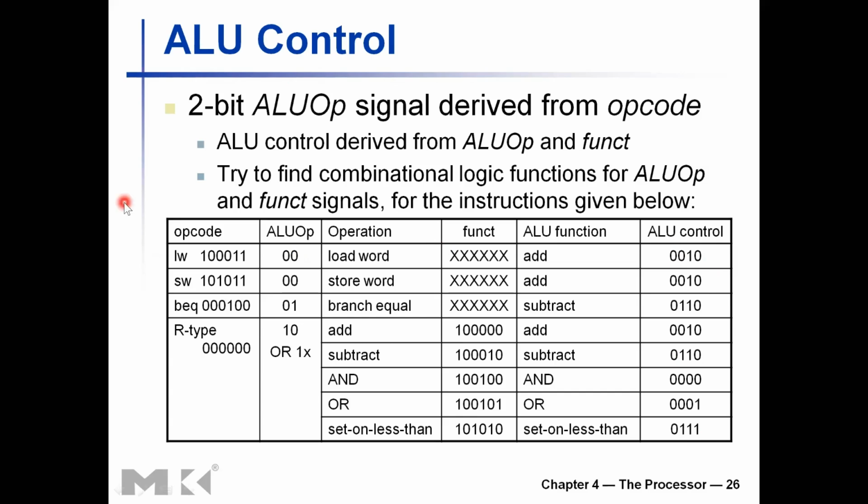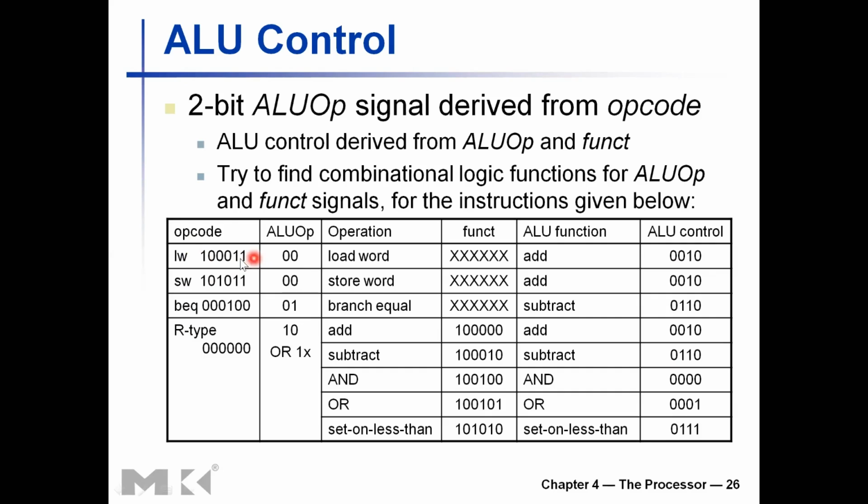So let's have a look at the different types of instruction that we are currently looking at: load word, store word, branch if equal, and R-type instructions. If you go and try to find the opcodes from the instruction encoding, these are what you will find. Load word, the opcode is 35, so 32 plus 3.